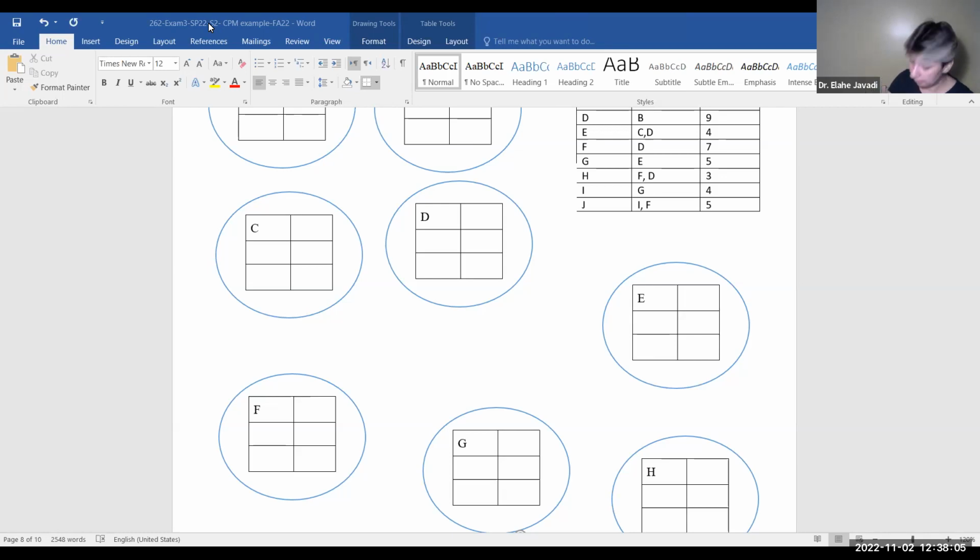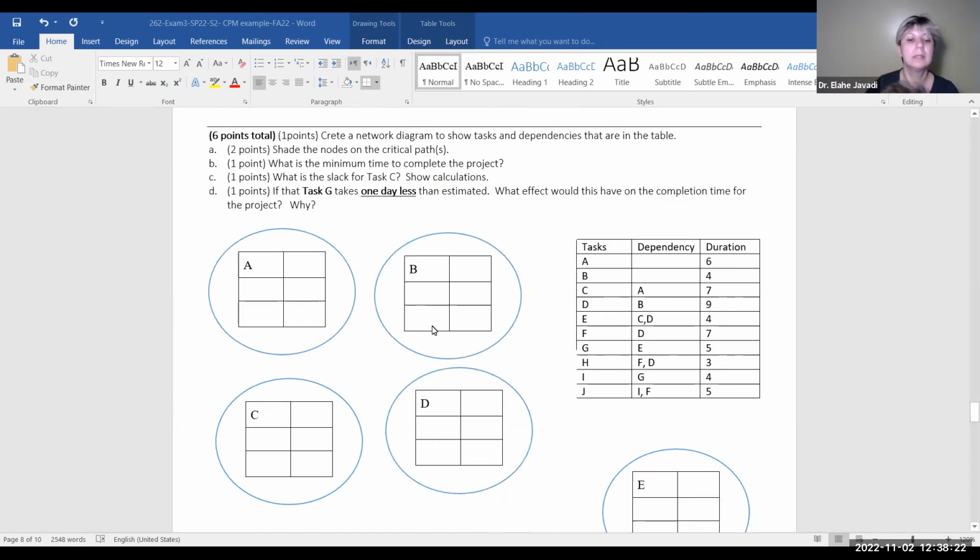We're going to work on critical path management. Remember, it's on your exam 2, not on exam 2 of the previous semester, so don't get confused. The way things worked was different for this class versus the previous semester. I give you a table of tasks, their dependencies and their duration.